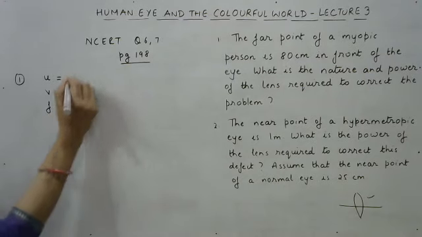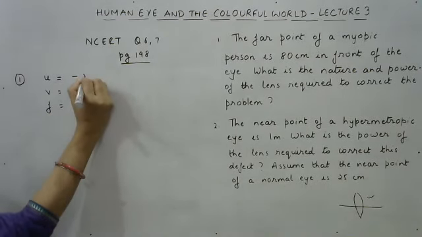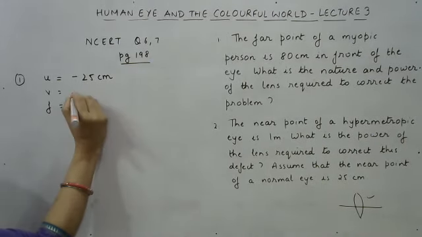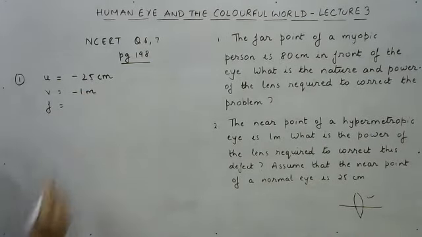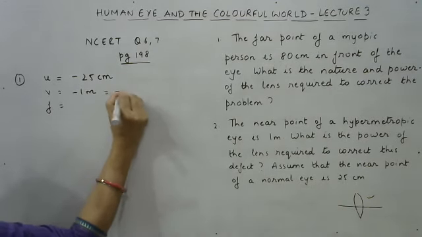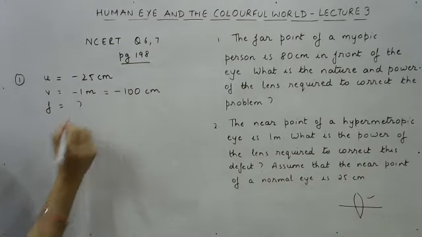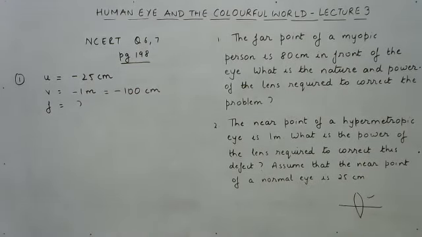In this question, our u will be minus 25 centimeters and our v will be minus 1 meter. So since we have the value of v in meter, we will convert it to centimeters first. So this comes out to be minus 100 centimeter and we need to calculate the focal length.